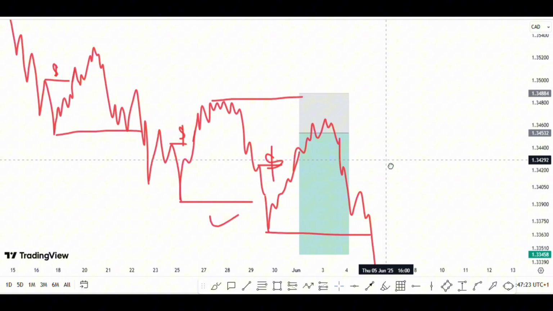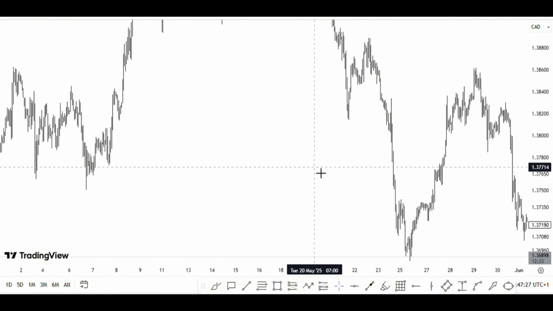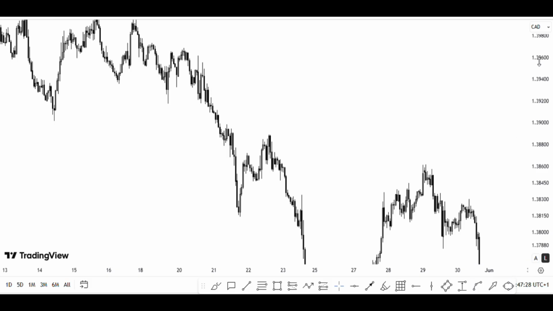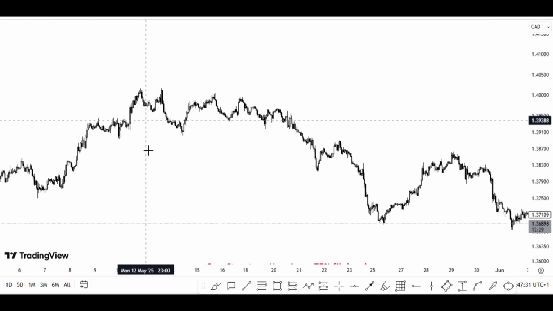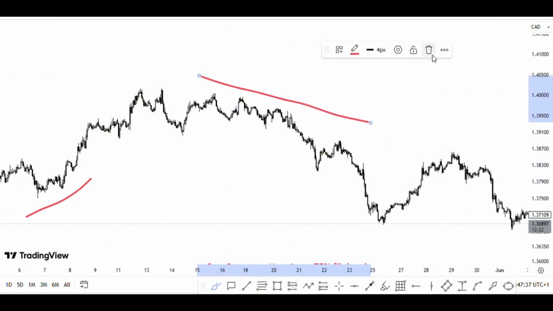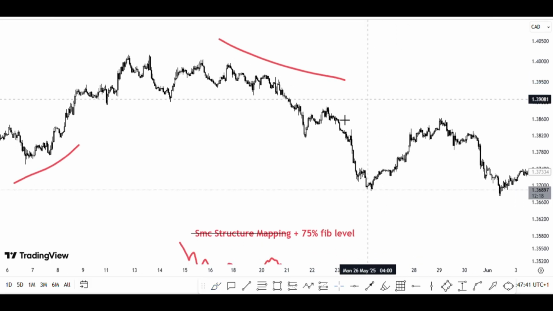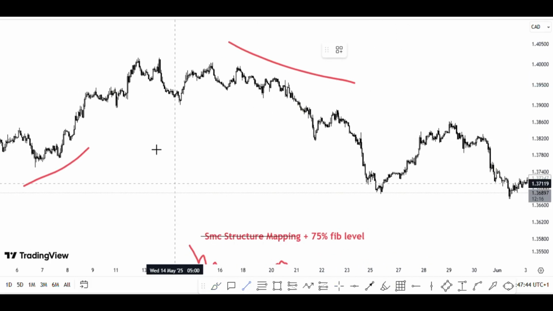So let me show you how it is in the market, on the real chart. For example, I have a sample here. Look at this. The market was temporarily bullish like this, then suddenly we start having bearish momentum. Now I will start by marking the structure.